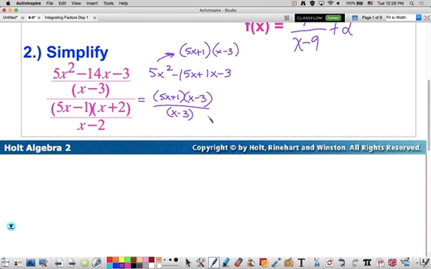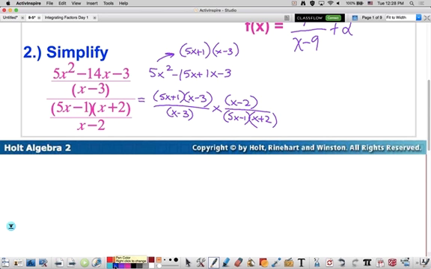I'm dividing a fraction by a fraction, so you take the bottom, you flip it, you turn it into multiply. X minus 2. Bottom is 5x minus 1 times x plus 2. And now you cancel what you can.